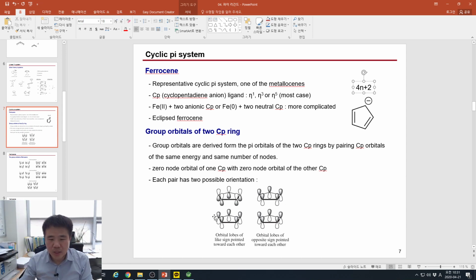In other words, the p orbitals are pointed at each other. But in this case, same direction. Because there is an opposite sign, I think you would be confused, but I think you can distinguish it. This is same, this is opposite.